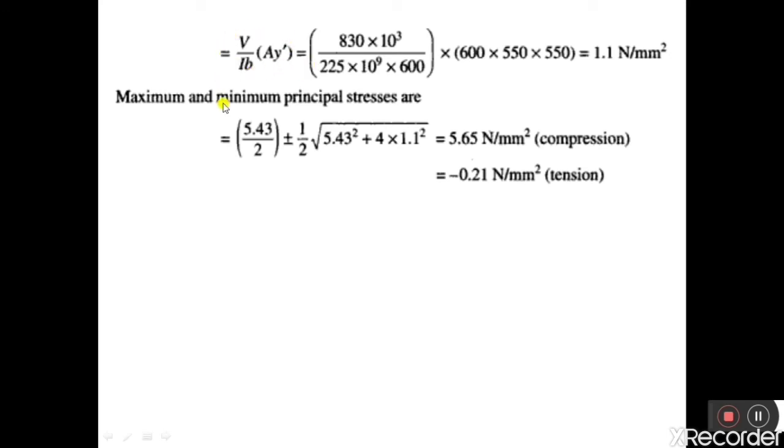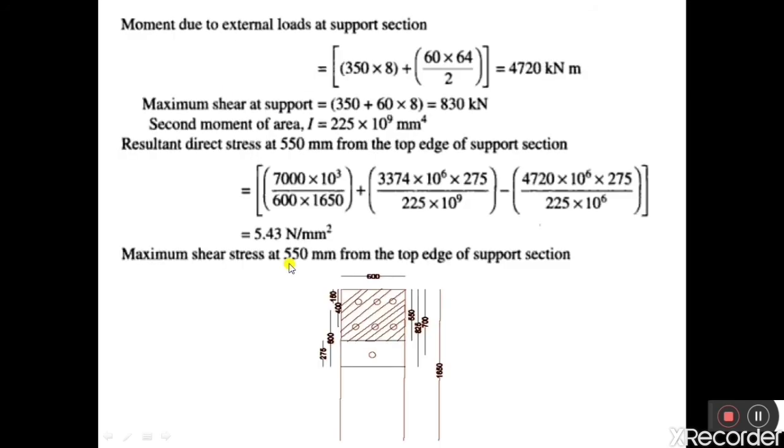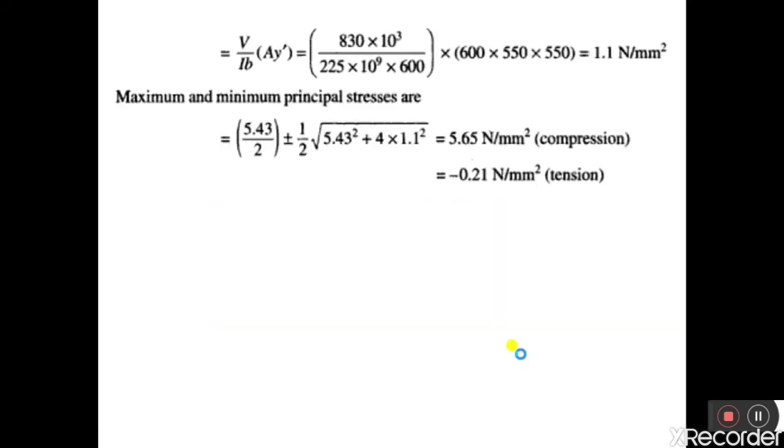Already I told you in the previous example, when a static moment of a section is given, and when we are calculating the principal stresses away from the centroidal axis of the section, we should use this formula. So here also we are calculating the principal stress along the plane which is away from the centroidal axis. So we are using this equation of V by I B into A into y bar or y dash.